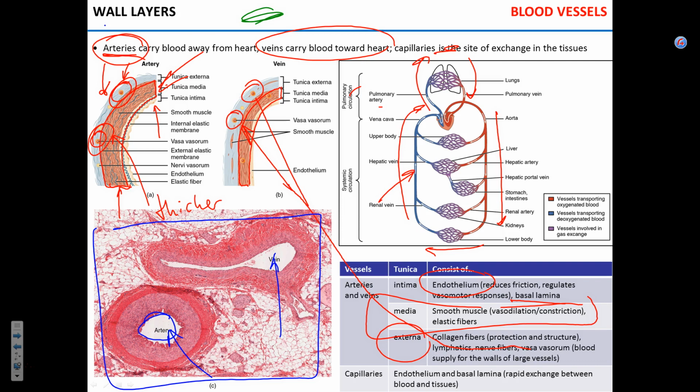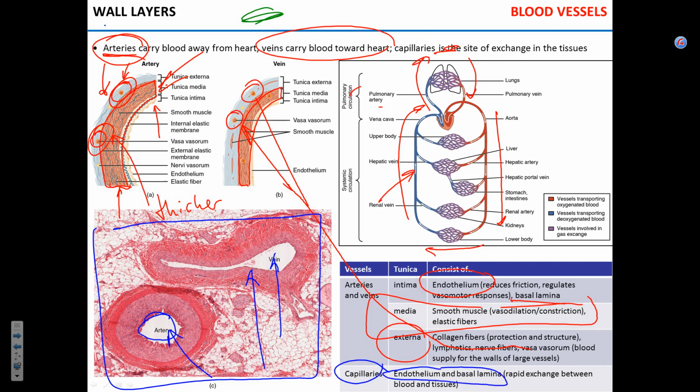Artery is more constrictable. Because of that thick, smooth muscle layer, it better keeps its circular shape. Vein is much more flat, can be flattened out. Does that make sense?